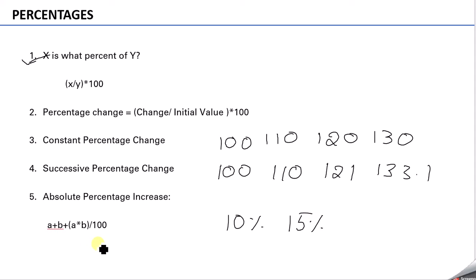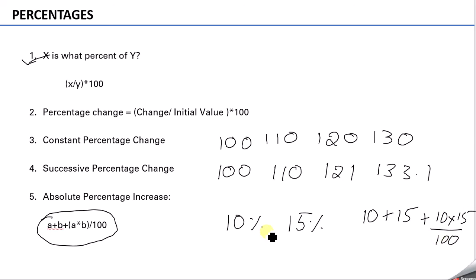That comes from this formula, where A and B both are percentages: A plus B plus A into B by 100. If you apply it here, 10 plus 15 plus 10 into 15 by 100, so 25 plus 1.5, 26.5. So successive percentage changes of 10% and 15% will be equivalent to one percentage increase of 26.5%. That is the meaning of absolute percentage change.